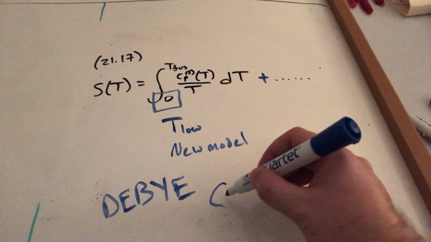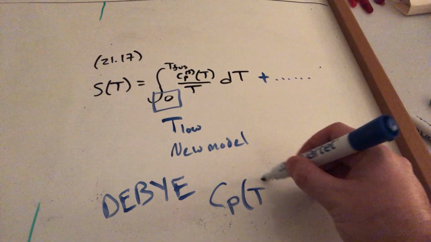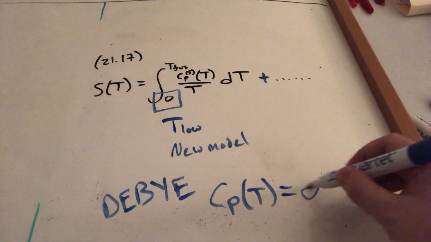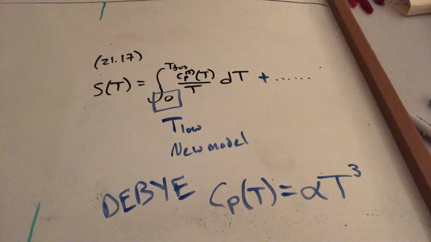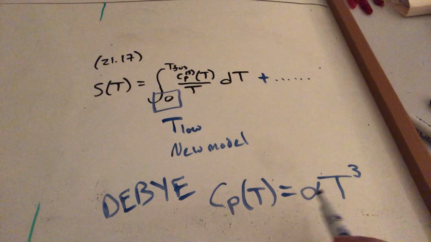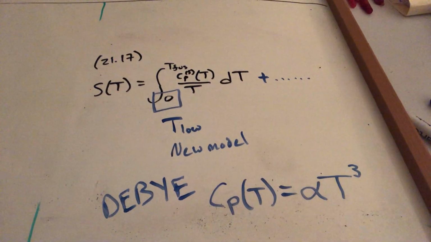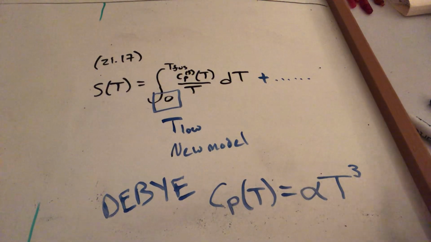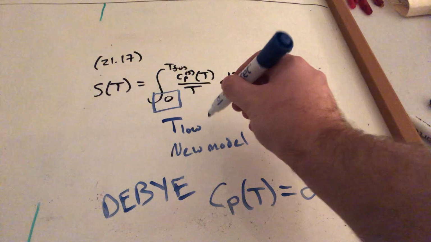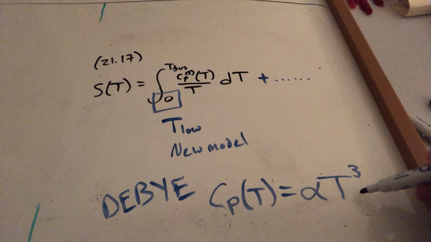And what Debye noticed was that Cp as a function of T looks like a proportionality constant that I'm just going to call alpha here, and we're going to fill in the details later. It looks like a proportionality constant and then T to the third, T cubed. So this is Debye's famous T cubed law. This is for the areas where we get down into this low temperature.